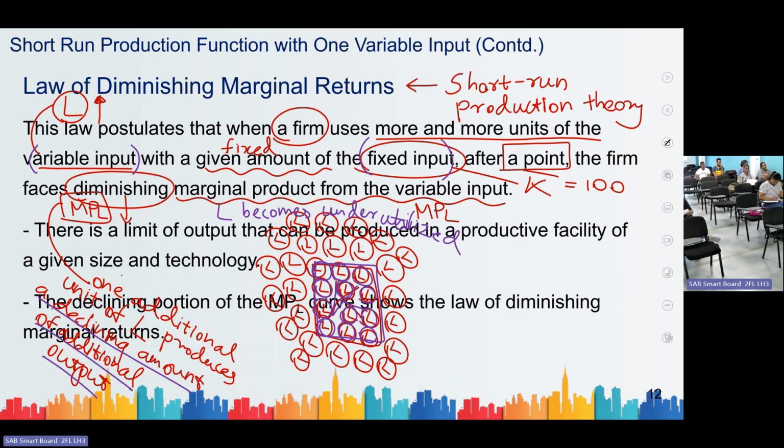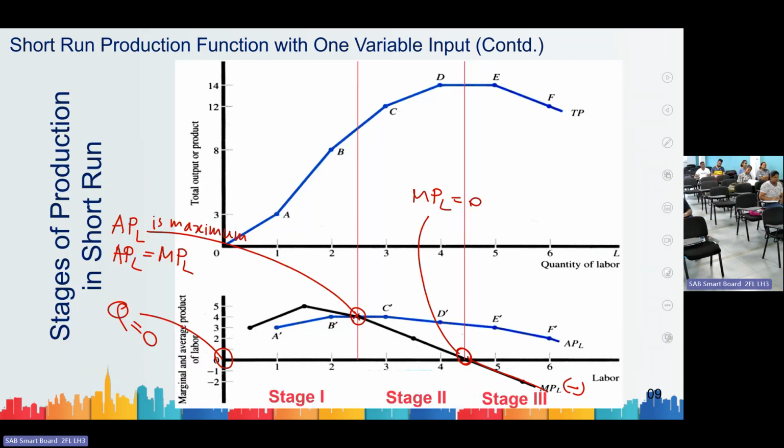So when we show the law of diminishing marginal returns in the production curves, it is over here.